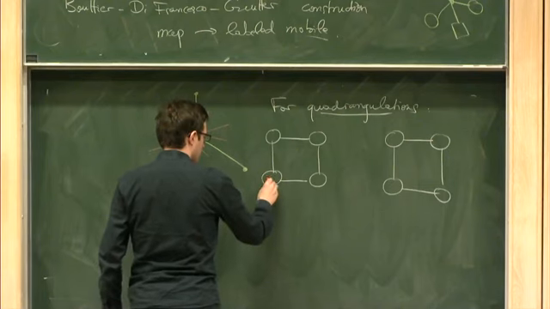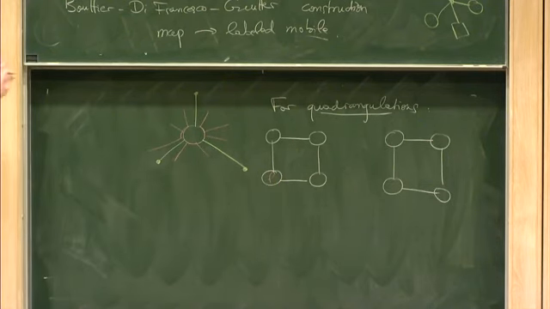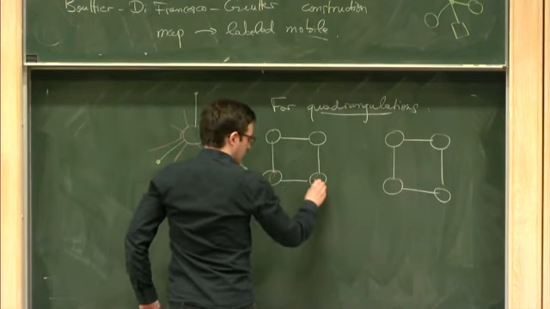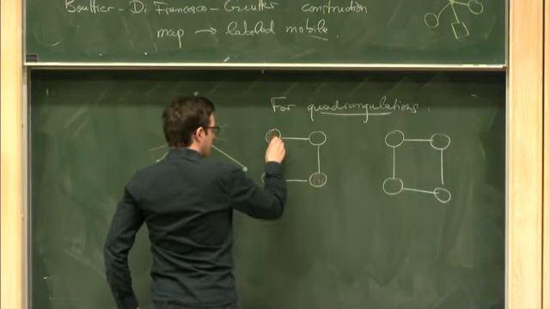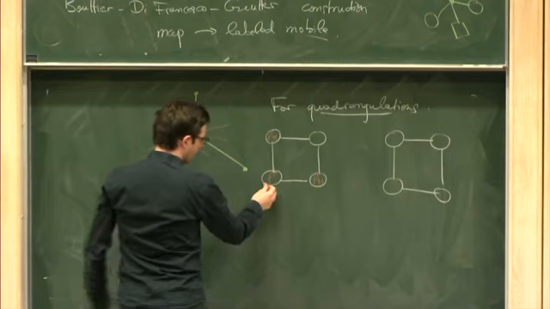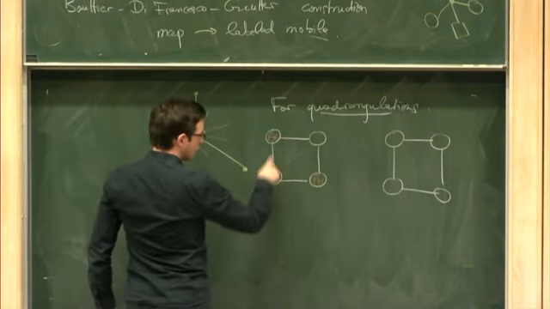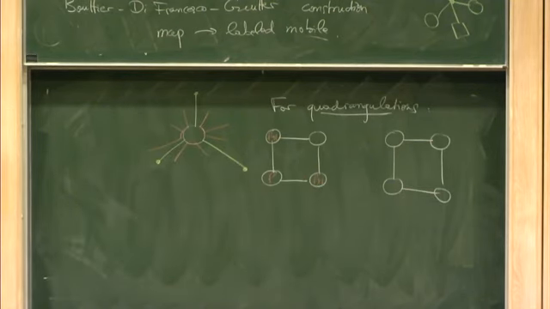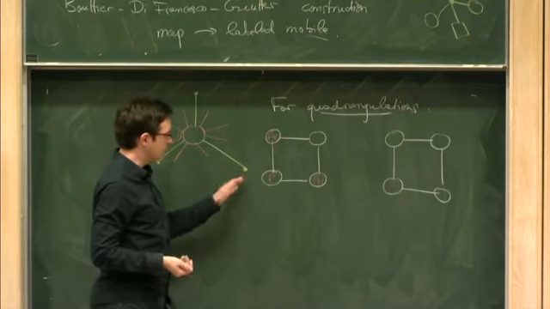Of course the labels that appear here are the distances to V star just by construction. For quadrangulations, there are only two possibilities. If this is the closest vertex to V star, then the two neighbors must have a label which is bigger, because, as I said, for quadrangulations, there are no cycles with odd length.